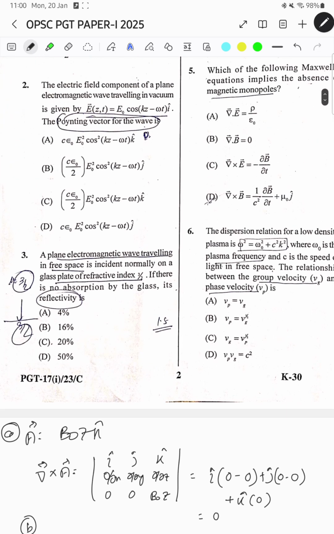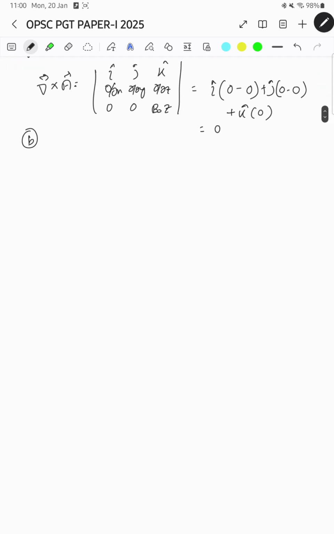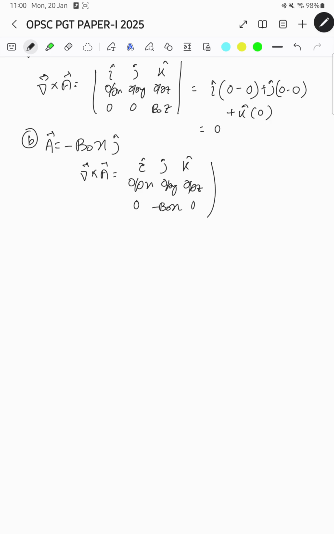So let's see what option B is saying. Minus B0 x j cap. Let me check this. For the choice of vector potential minus B0 x j cap, curl of A will be the determinant of i cap, j cap, k cap, dou by dou x, dou by dou y, dou by dou z, and we have only the j cap component, so 0, minus B0 x, and 0.